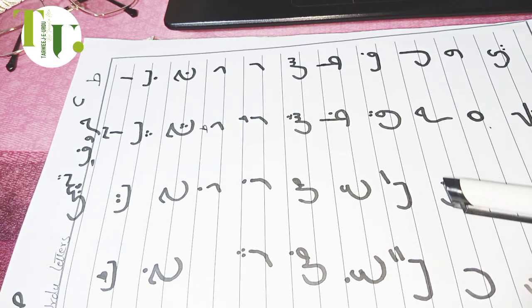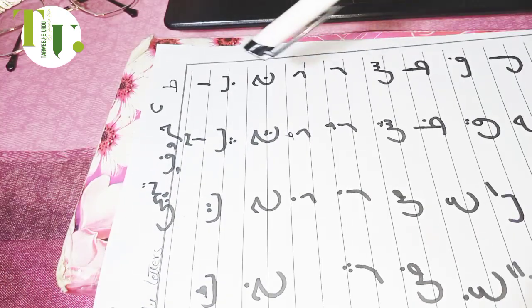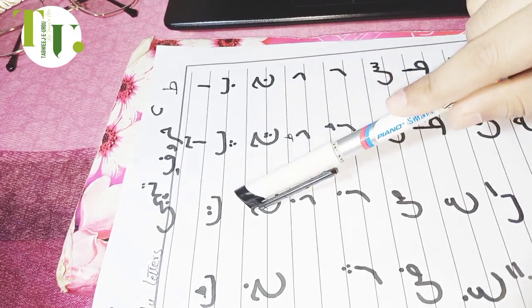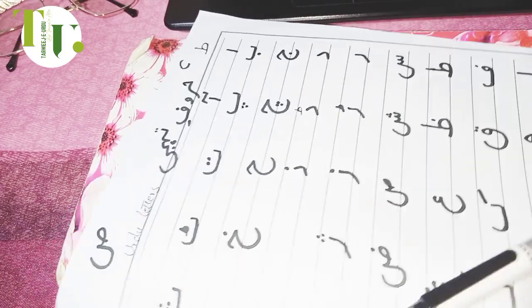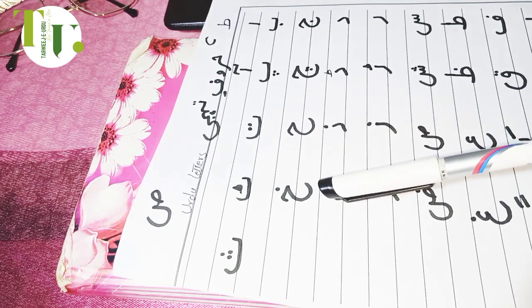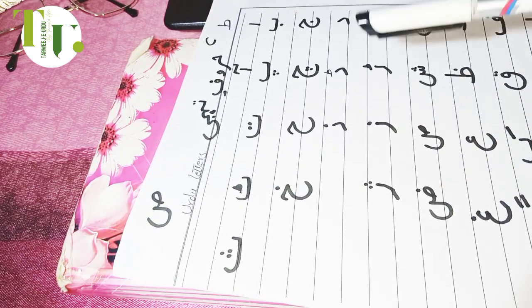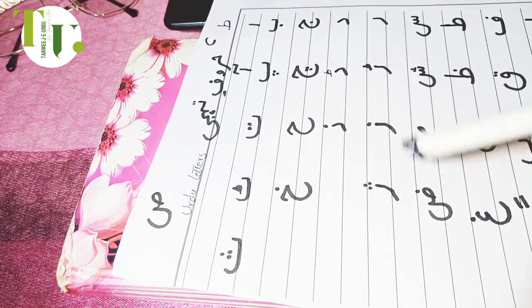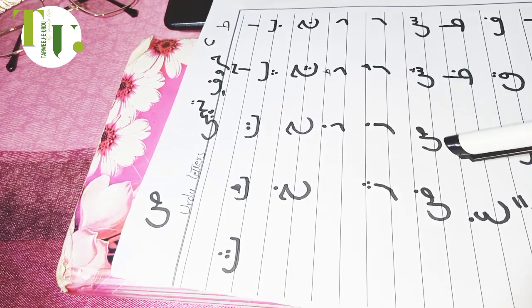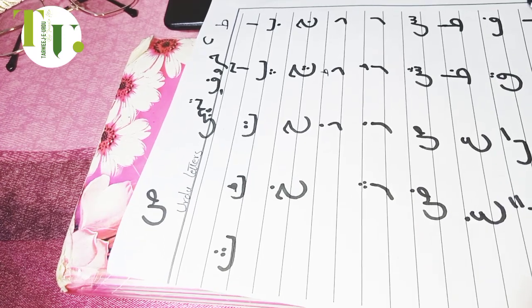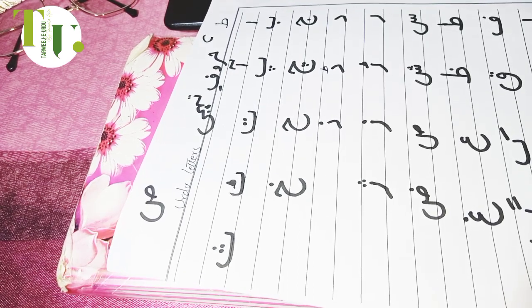Now I'm going to count for you in Urdu counting. Alif, 1, 2, 3, 4, 5, 6, 7, 8, 9, 10, 11, 12, 13, 14, 15, 16, 17, 18, 19, 20, 21, 22, 23, 24, 25, 26, 27, 28, 29, 30. 30 means 30.